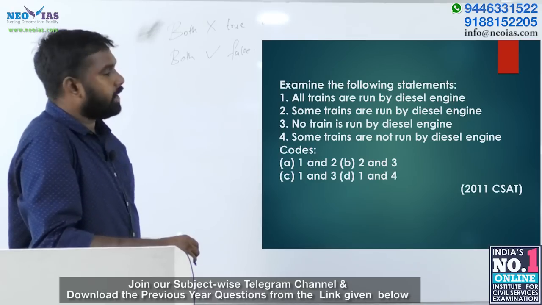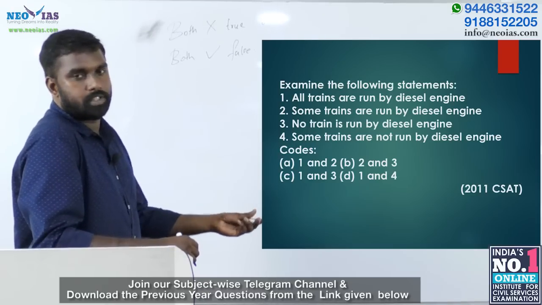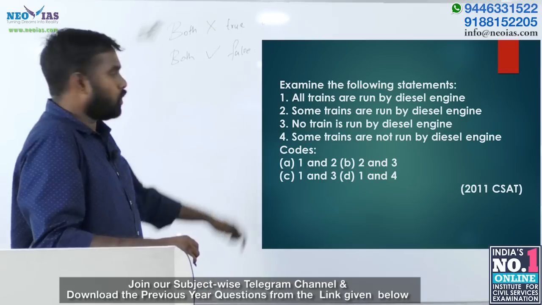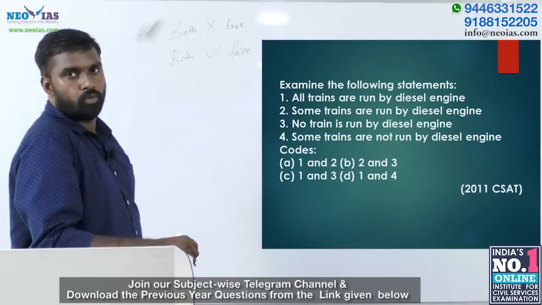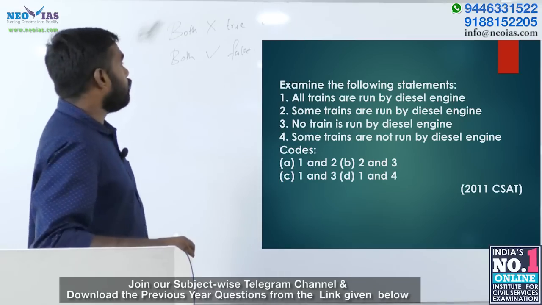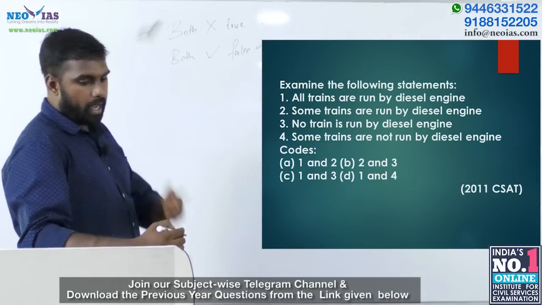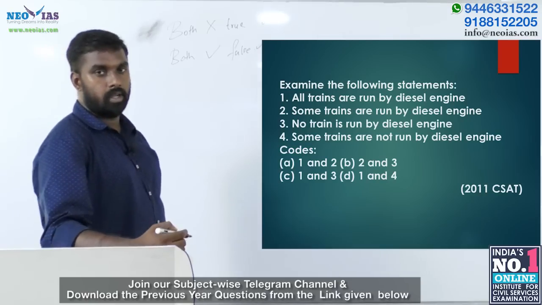And if no train is run by diesel engine is also false, there may be some which are run by diesel engine. So these two statements can both be false together. Both conditions are satisfied, and hence option C, 1 and 3, is the result.